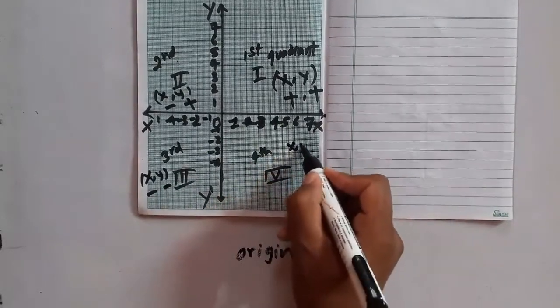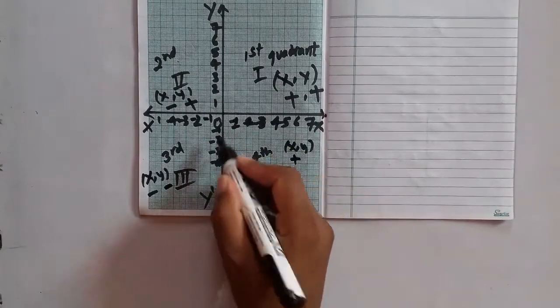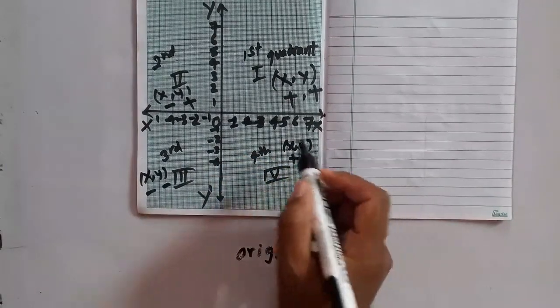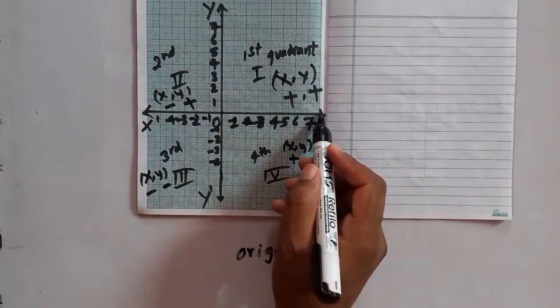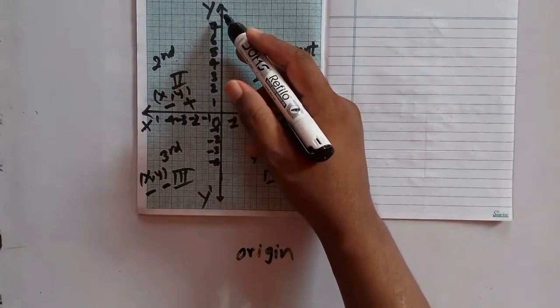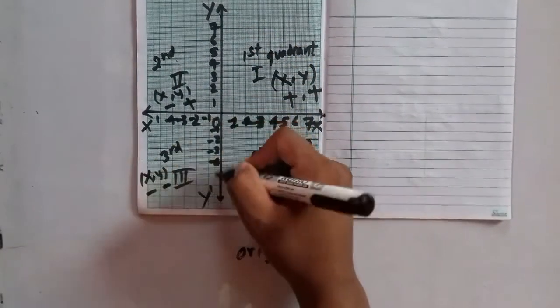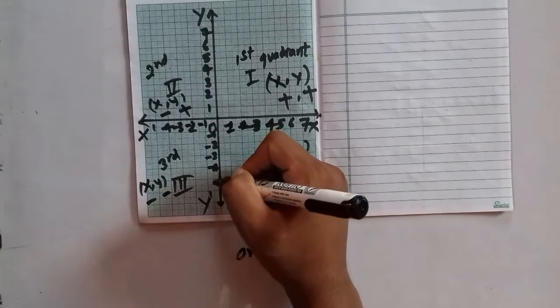In this, X has positive sign and Y has negative sign. Towards right side all positive, and towards up all positive, towards left all negative, and towards down all negative numbers.